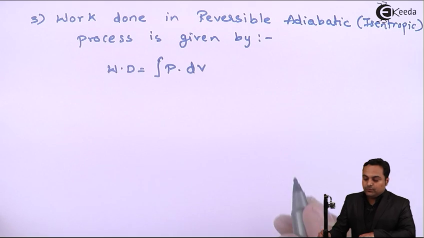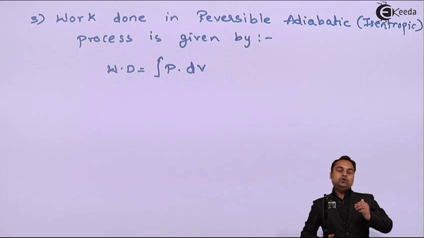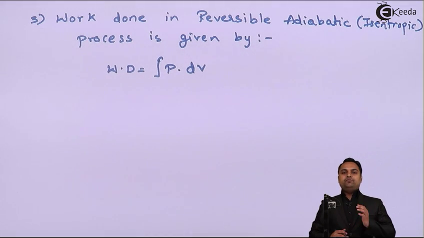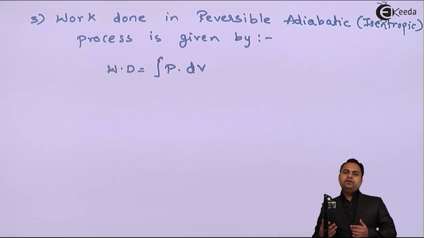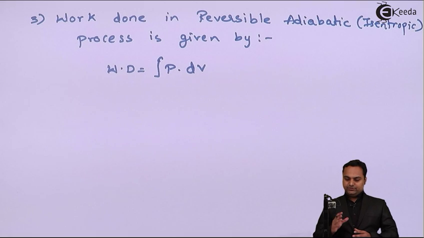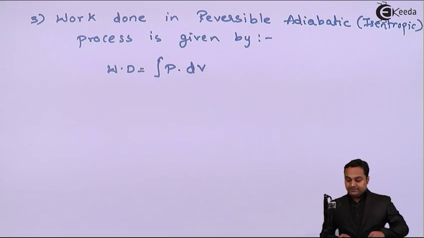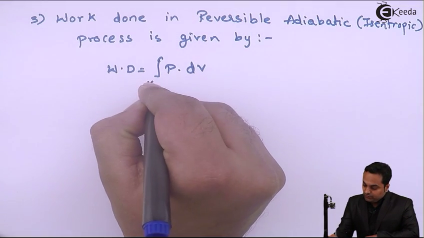That is the general equation of work done, because this integration of pressure into change in volume, that is area under the PV diagram, gives us the amount of work done. So this is the general formula. Next, it is applied over volume V1 to V2.